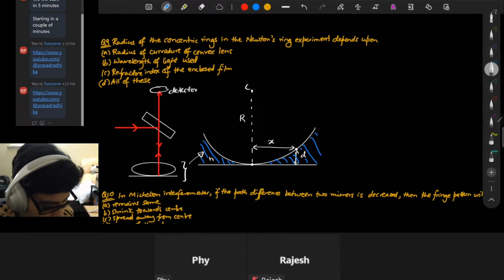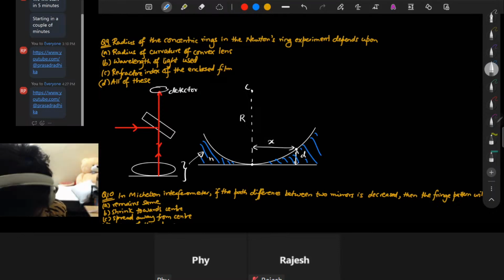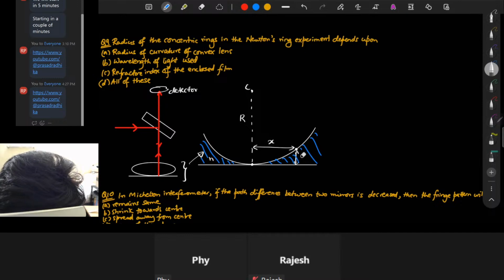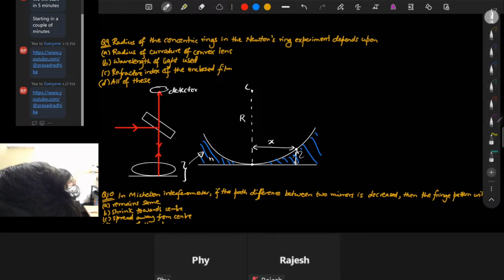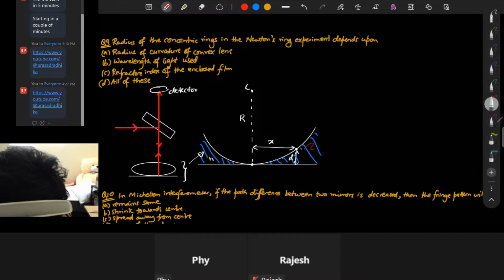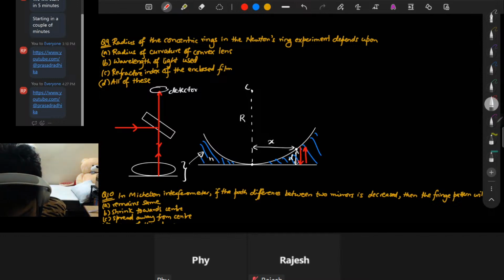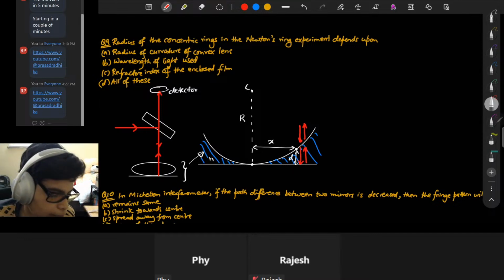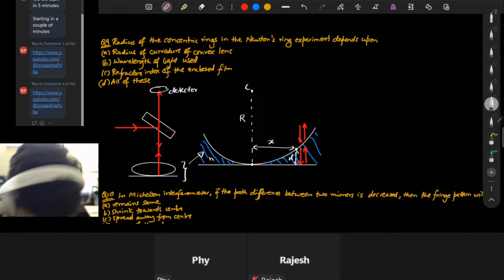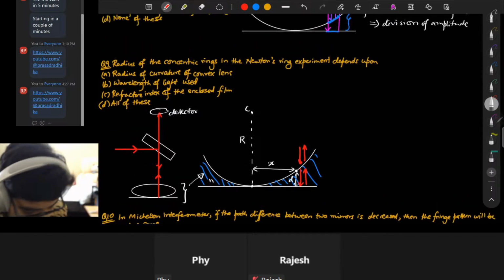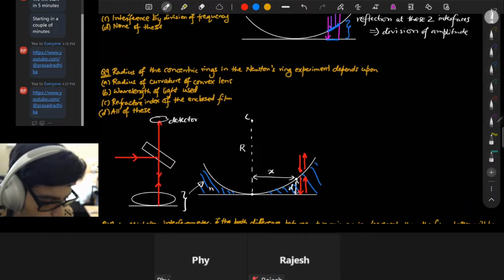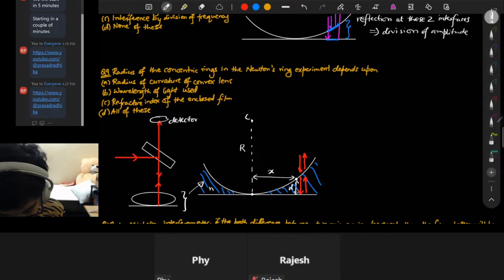Okay, so what we are considering is that the rays are coming over here and then getting reflected over here, and coming in and getting reflected from the top surface. So this is the region we are looking at, where the thickness of the film is D. So we can use some simple geometry and write down some expressions.